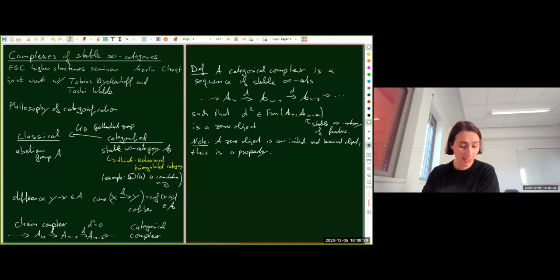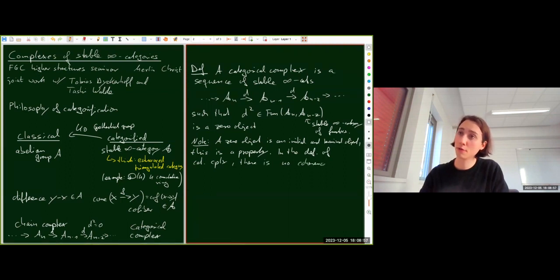And this means that in the definition of a categorical complex, there is no coherence data involved.